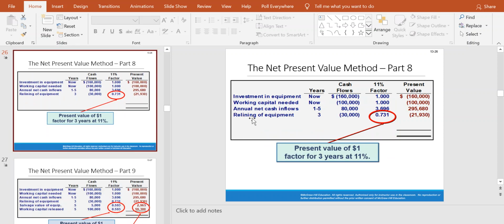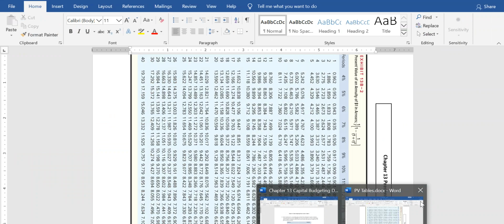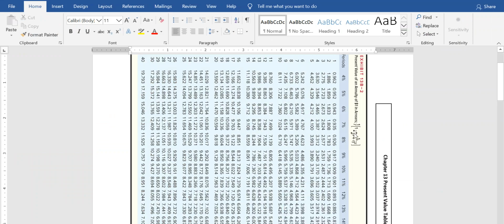Here they're saying, okay, at 3 years, we have to reline the equipment, and it's going to cost $30,000. So it's going to be an 11% factor. So we go back to this table to get the present value of $1. Now, this is an annuity, which means a series of payments.